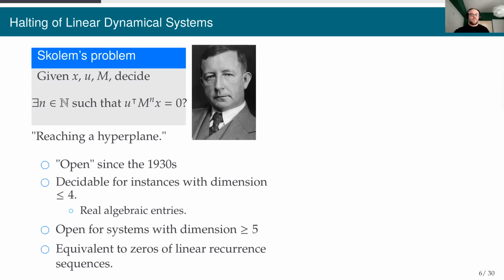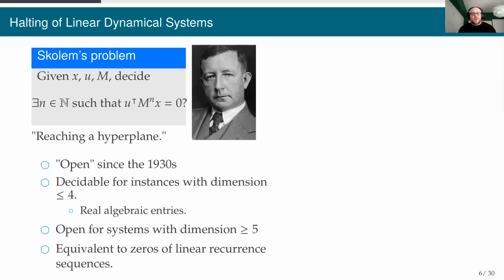It is decidable for instances with dimension at most 4. So in loop terms, you'd have at most 4 variables. And it's decidable if you have real algebraic entries, not just rationals. But it's already open for systems with dimension at least 5.